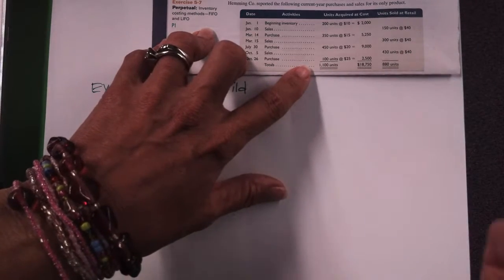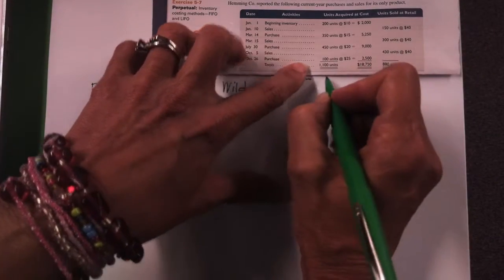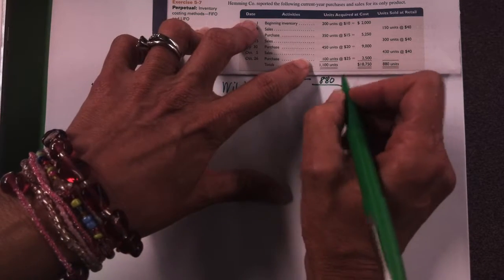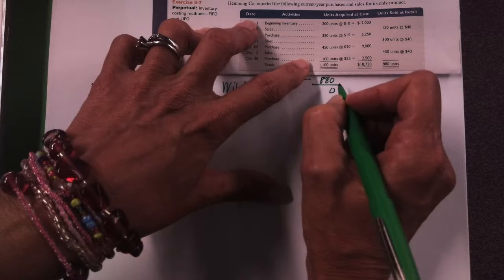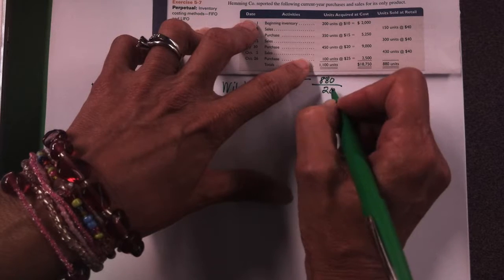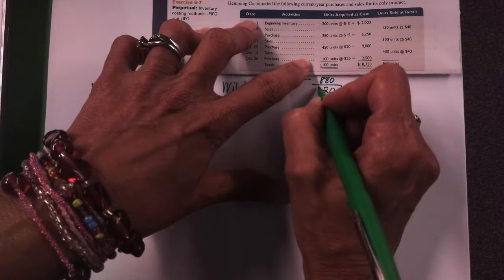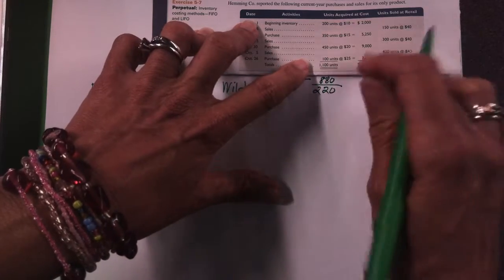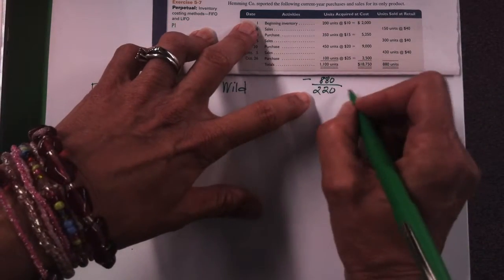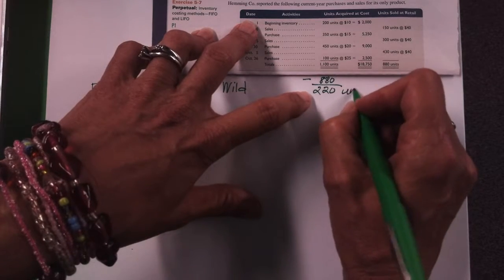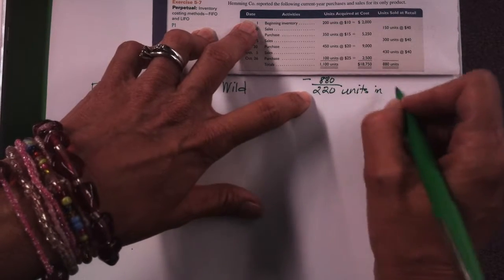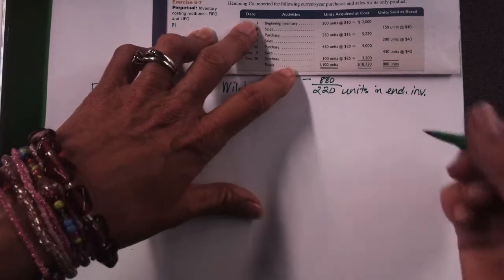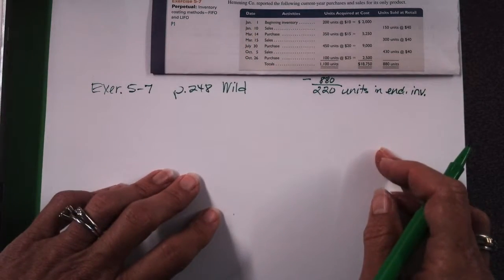So I know that if I subtract those 880 units total, is that right? 2 and 8, 10 and 1, 3 and 8 is 11. Yeah, I know that I have 220 units in ending inventory, and I need to value those units, okay?